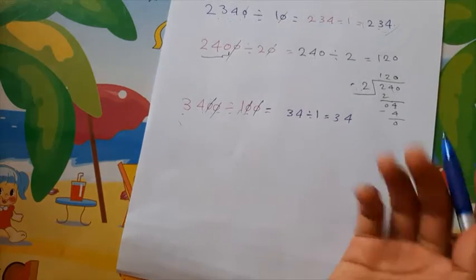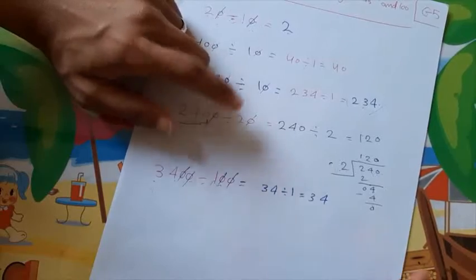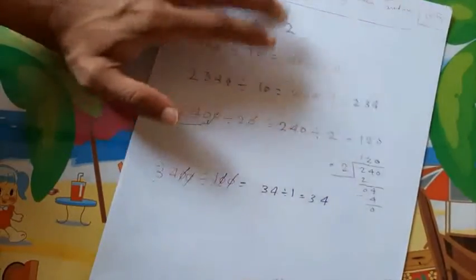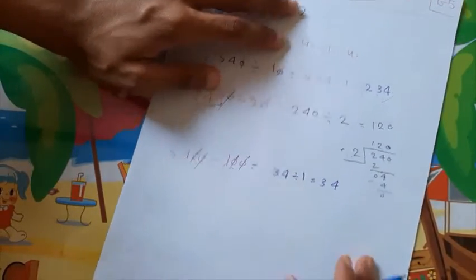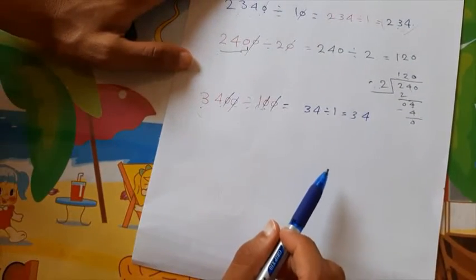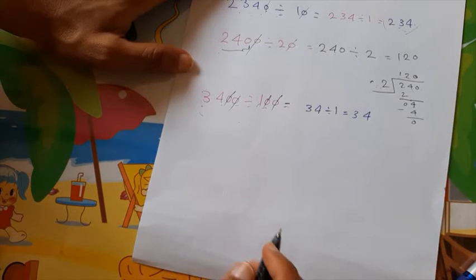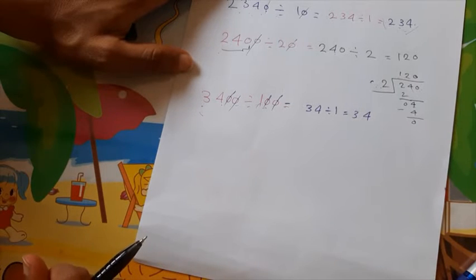So this way you can divide any number by 10 or by 20, 30, 40, 50, 60, any number in the tens, and you can also divide any number by 100. This is super easy. You just need to train yourself doing this, because this is going to be very useful when you're doing more difficult divisions in the future.